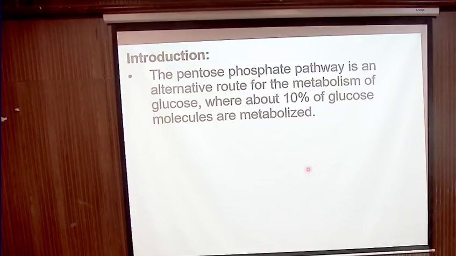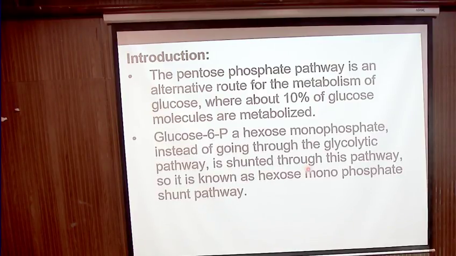The other name, pentose phosphate pathway, is an alternate route of metabolism for glucose, where about 10% of the glucose molecules are metabolized. We had the glycolytic pathway reaching the TCA cycle, but this is just a shunt pathway. Why is this so important? The glucose 6-phosphate, a hexose monophosphate, instead of going through the glycolytic pathway, is shunted through this pathway, so it is known as the hexose monophosphate shunt pathway, HMP shunt pathway.